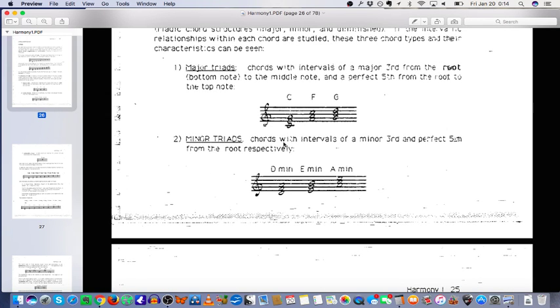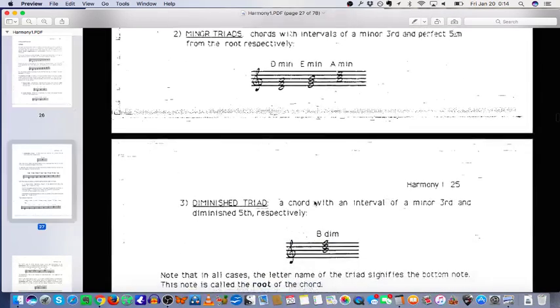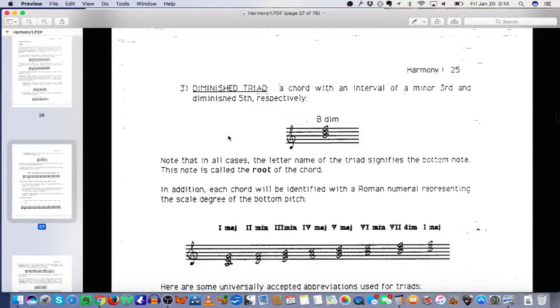Minor triads. In the key of C major, our 2 chord, 3 chord, and 6 chord are minor, meaning we have a minor third on the bottom and a major third on the top. Awesome. Now, there's one more type of triad in here, and it is called the diminished triad.